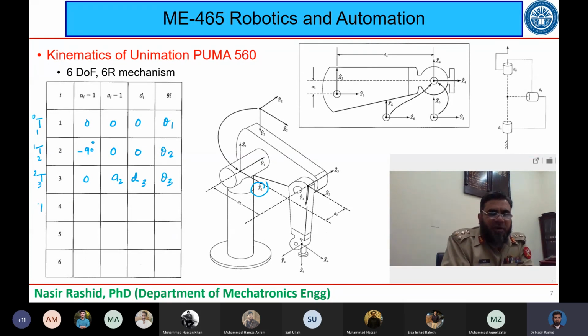and if now I write down 4 to 3, so this will be minus 90, minus 90, A3, D4 and theta 4.